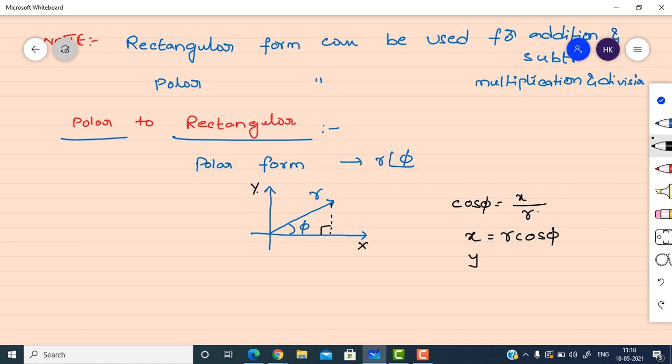Next, the y component. How can we get the y component in the same way? From the right angle triangle, write the equation for sin phi. Sin phi is equal to opposite side by hypotenuse. The opposite side is the y component. So let us assume this is x and this is y. Y by hypotenuse r. So from this, y is equal to r sin phi.